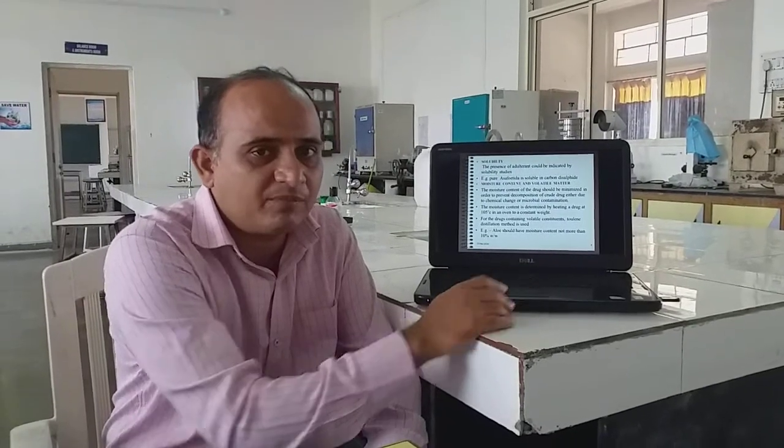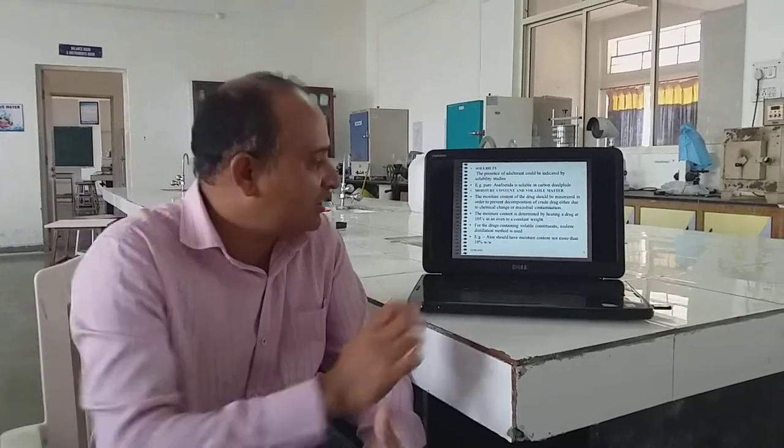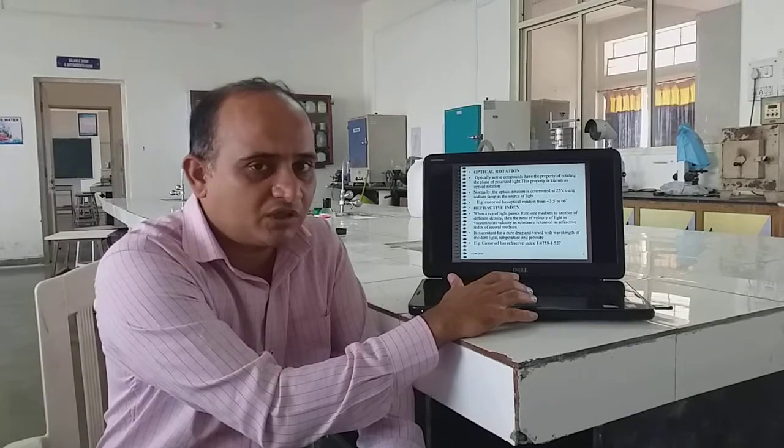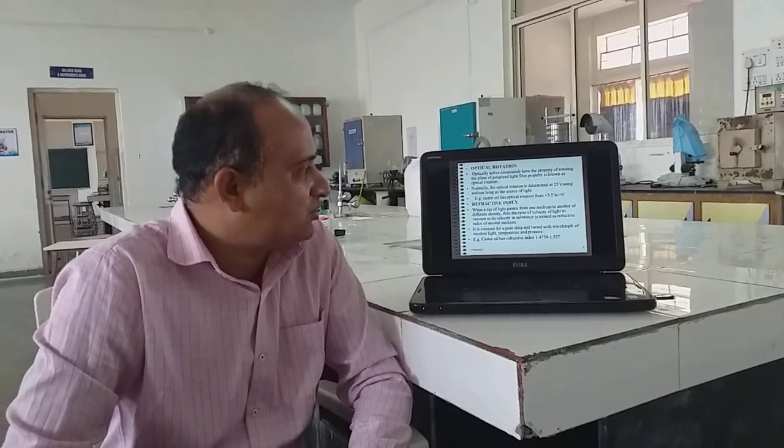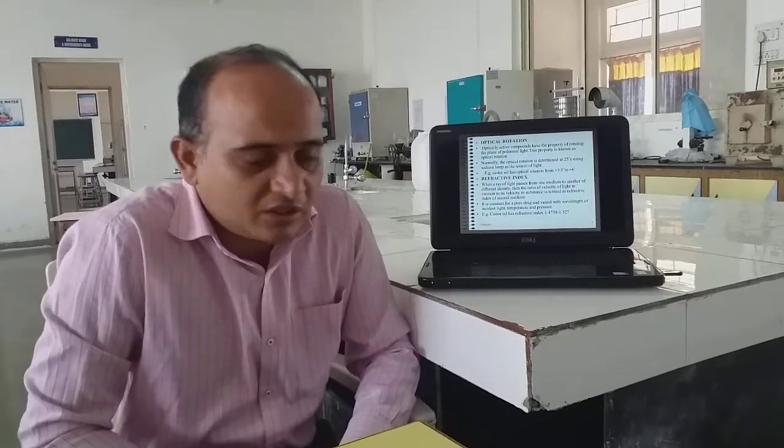Next one, optical rotation, that is, it rotates the plane of polarized light to the right or left direction. Castor oil, for example, has a rotation of plus 3.5 to 6 degrees.